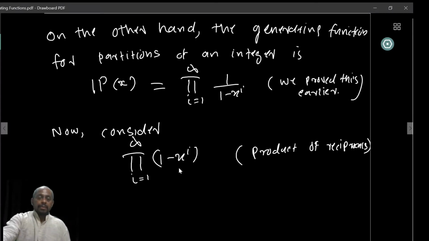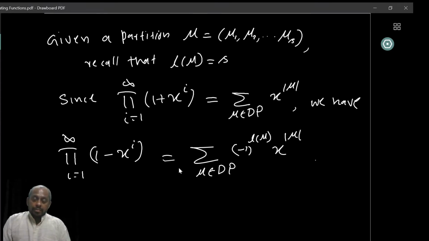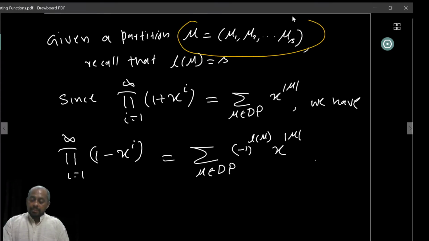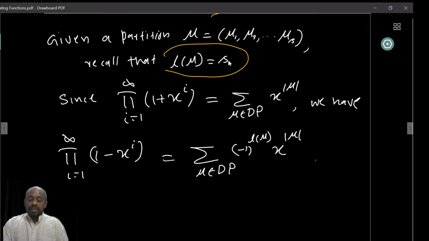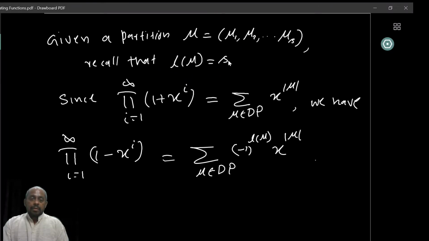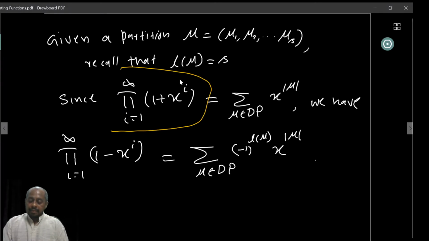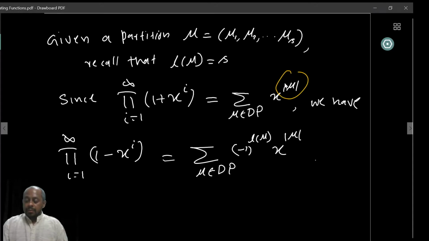So now let us look at this in terms of the distinct parts. Given a partition, let's say mu is equal to mu1, mu2, etc., mu s. Let us recall that the length of mu is the number of parts, which is s. Now, what we know is that in this product, product i equal to 1 to infinity 1 plus x raised to i, we have summation over all mu of x raised to area of mu.